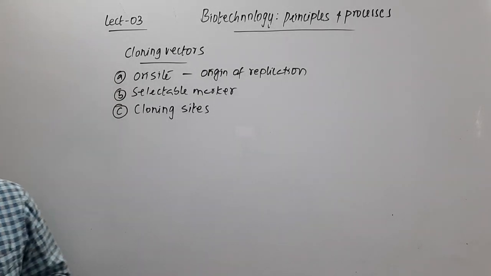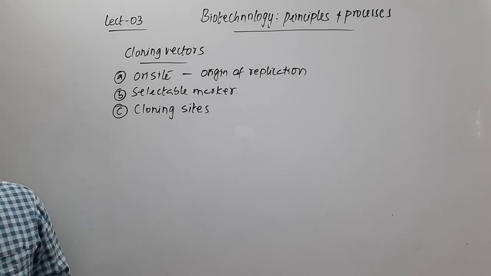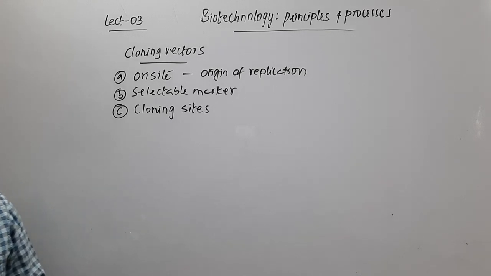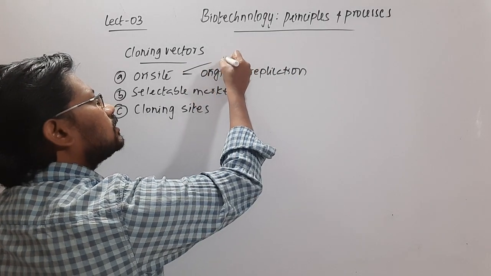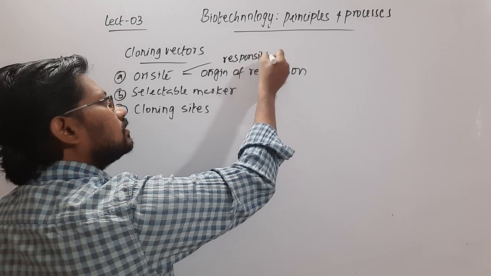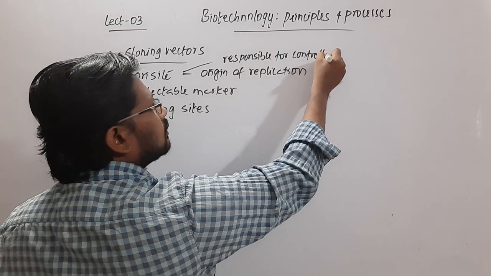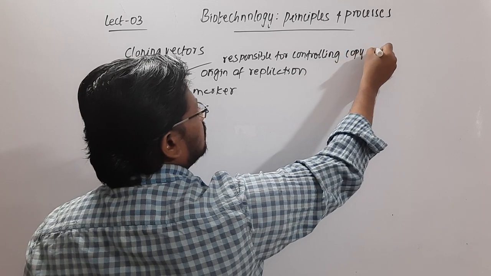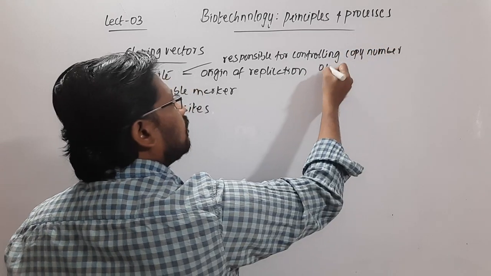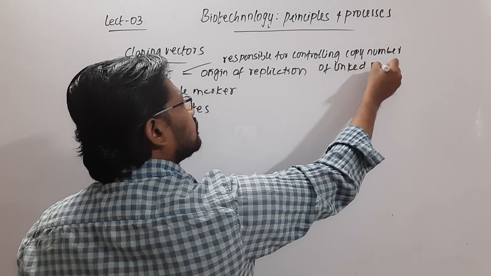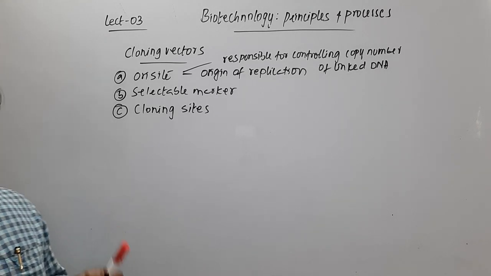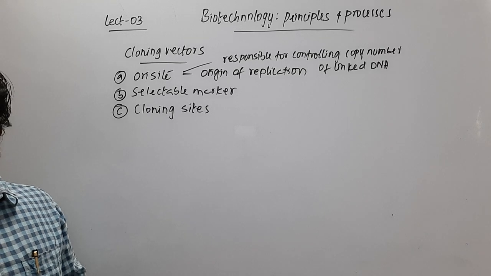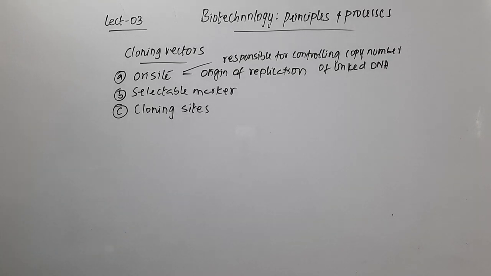This site is also responsible for controlling the copy number of linked DNA. How many times the plasmid will divide and form copies all depends on this ORI site.